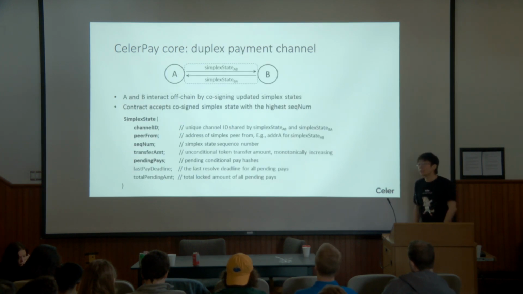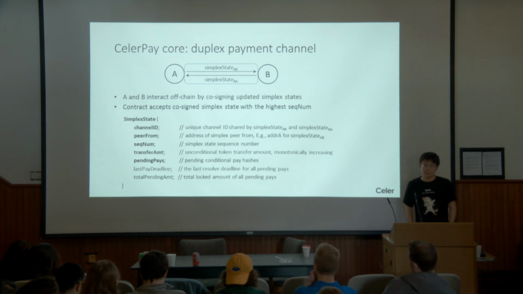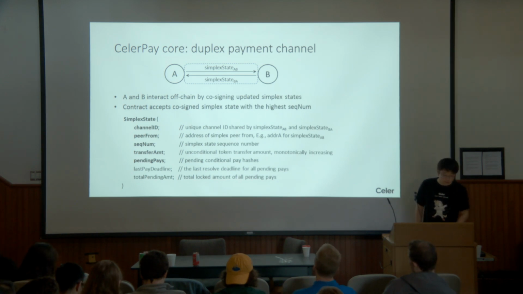So now going to some more details about our payment channel. Our payment channel is actually a duplex channel so that each party can send payments to its peers concurrently. It is composed of two simplex states. A and B interact by co-signing the updated simplex states.